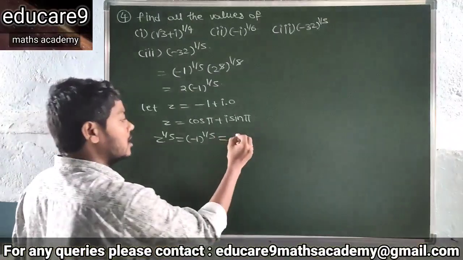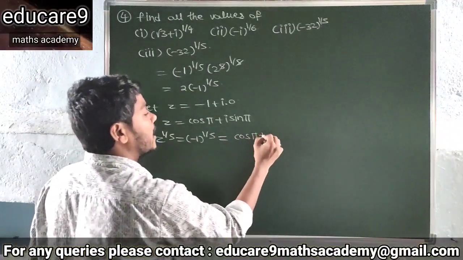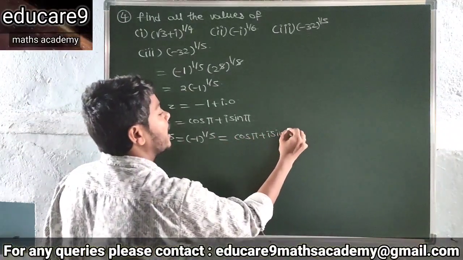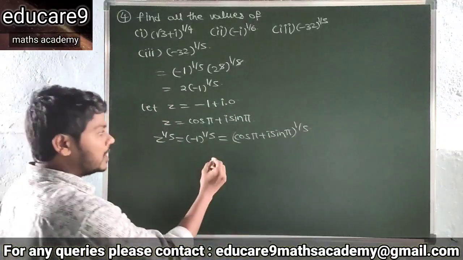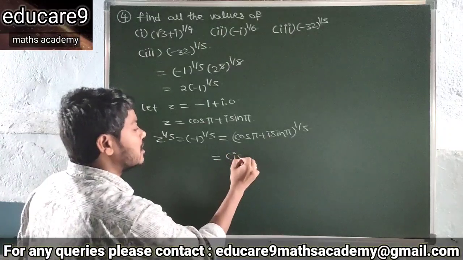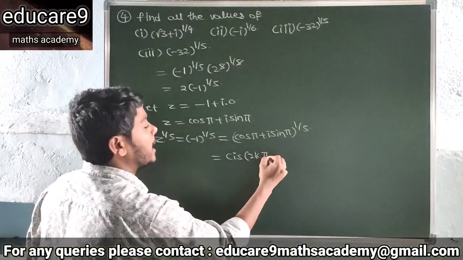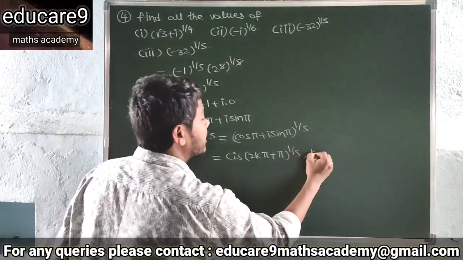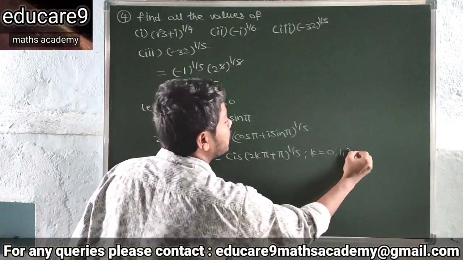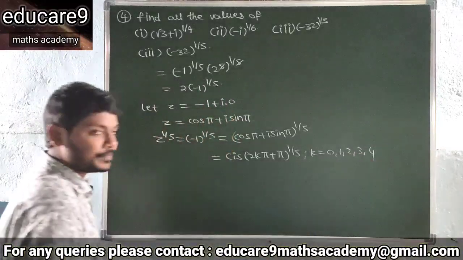So this is (cos pi plus i sin pi) whole to the power of 1 by 5. So simply this can be written as (cis of 2k pi plus pi) whole to the power of 1 by 5. Here k is equal to 0, 1, 2, 3, 4.